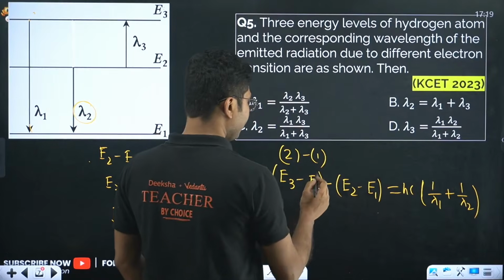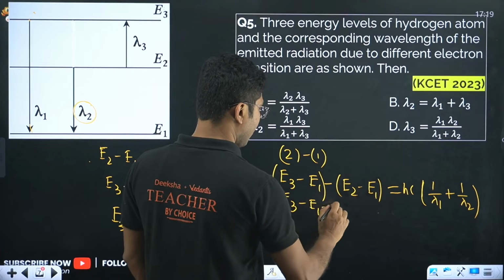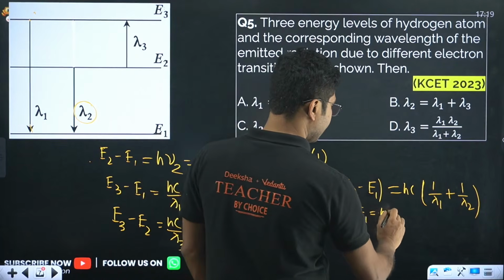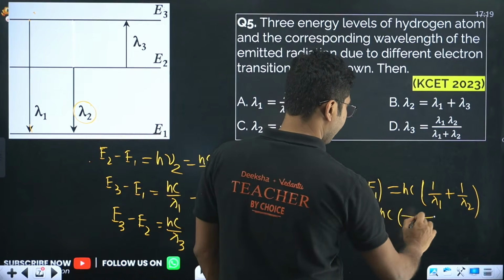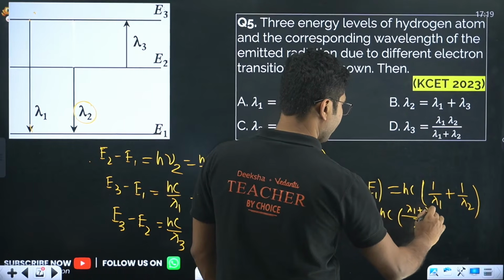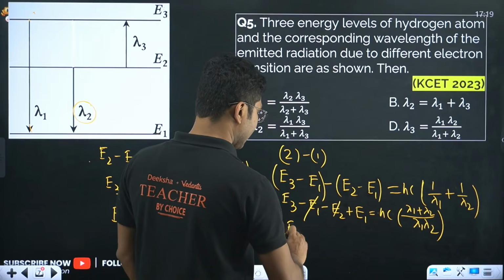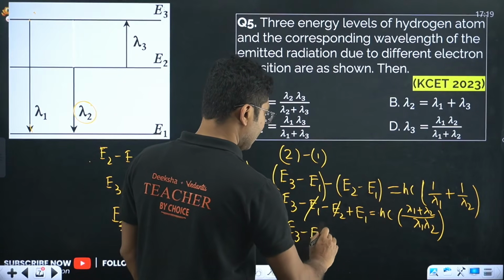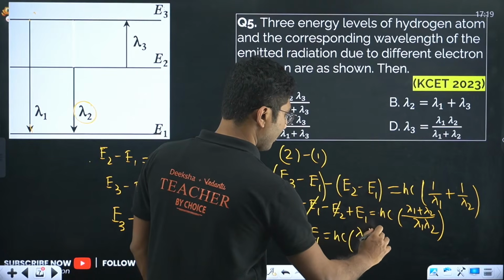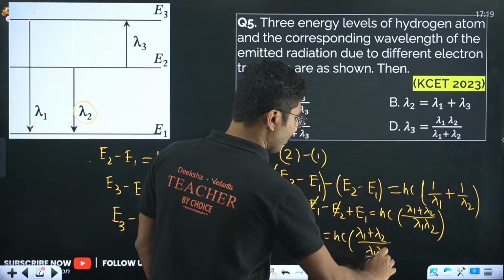Simplify: E1 and E2 cancel, so you get E3 minus E1 equal to hc lambda 1 plus lambda 2 by lambda 1 lambda 2.